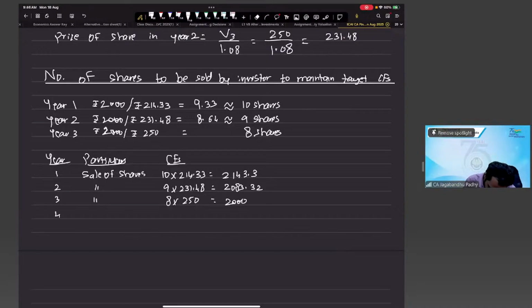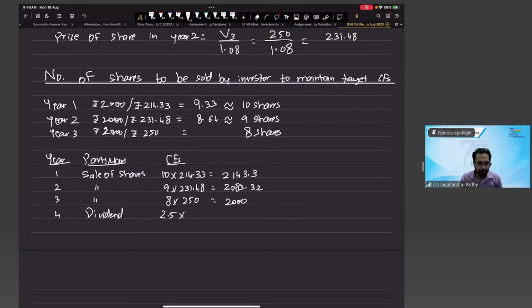Now, what will happen in year 4? Now you will start receiving dividend. But you will receive dividend on how many shares now? You are going to get a dividend of rupees 2.5. But on how many shares are you going to get dividend now? Are you going to get dividend on the original 1000 shares that you were holding?